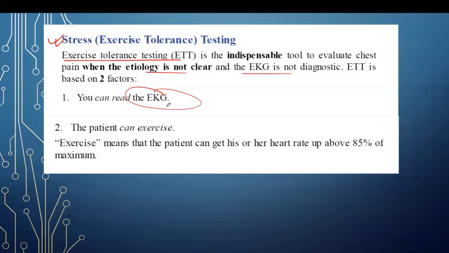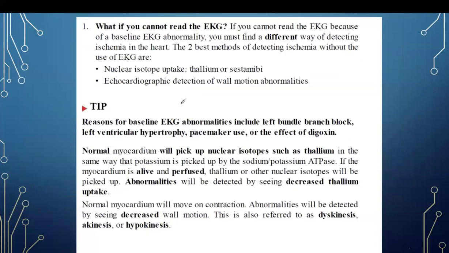The ECG is normal and your patient is able to exercise. Because this patient needs to run on a treadmill, if they have very bad osteoarthritis of the knee joint and you send them for treadmill running, they will curse you. So it's important that there is no baseline ECG problem and they can exercise. Once this is fulfilled, you will send the patient for a stress test.